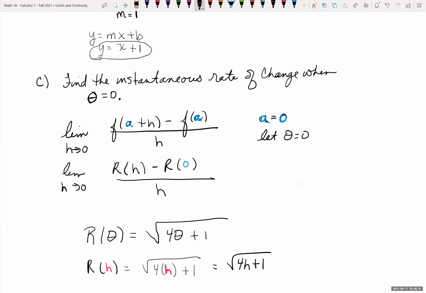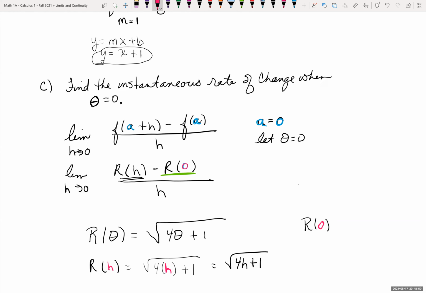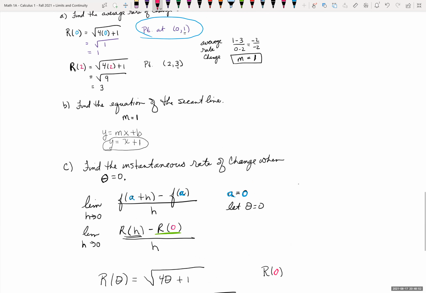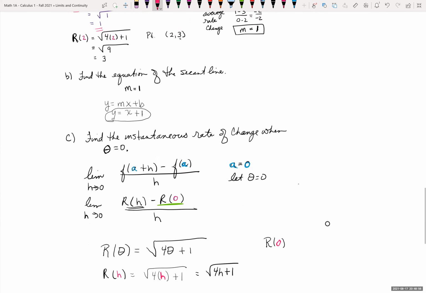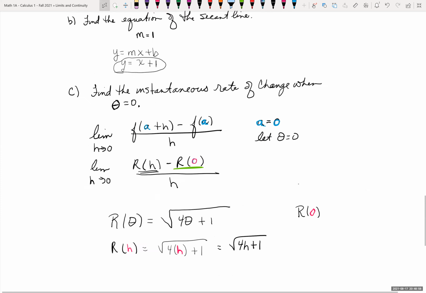That's just this piece. Now I want to look at what r of 0 is. Let's plug it in. We already actually did that work above: we found that r of 0 is 1.